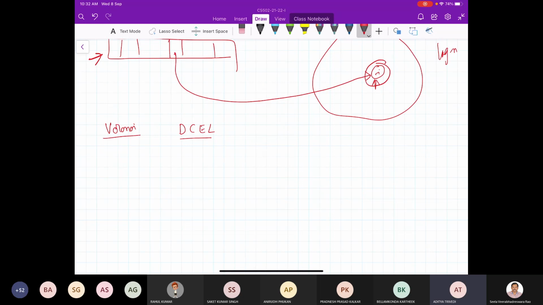Sir, the unbounded region. Yes, that is the issue. Not all unbounded regions, but here we have edges which extend infinitely in one direction.